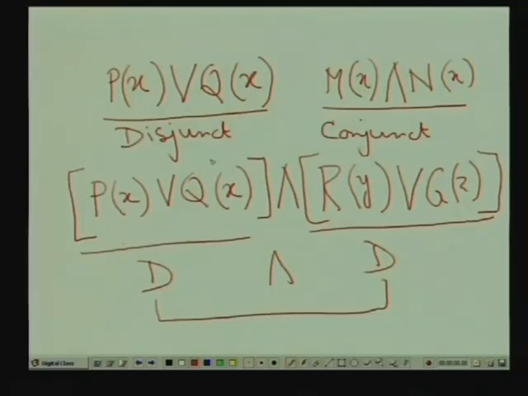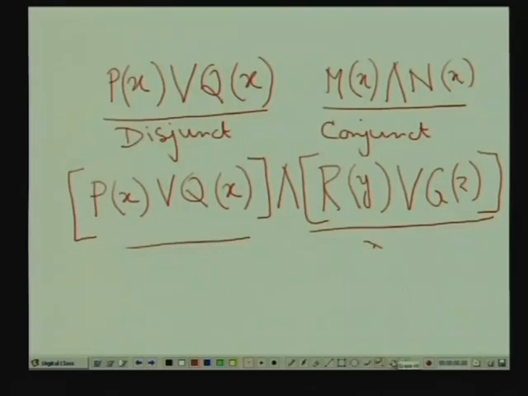Now, what is the implication of this? The implication is, if I have a conjunction of disjuncts, and if you just think a little while, you will realize that once I have conjuncts of disjuncts, then each of these disjuncts I can write down separately.